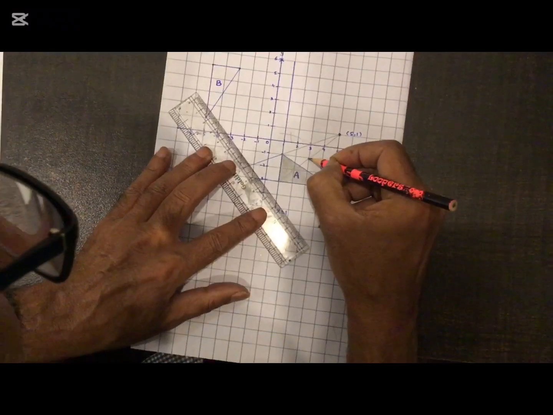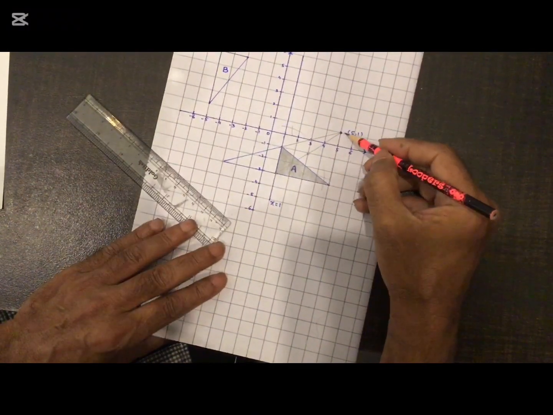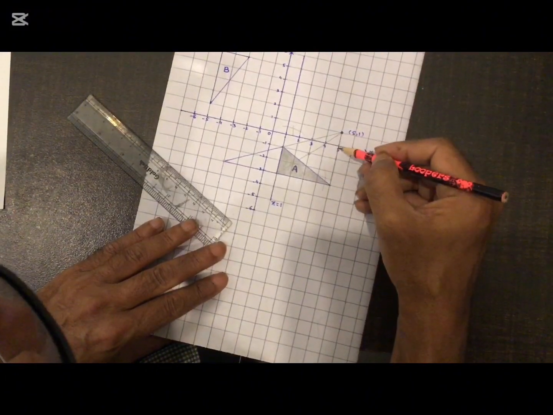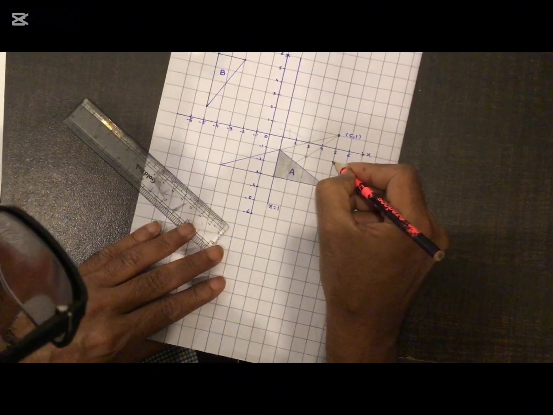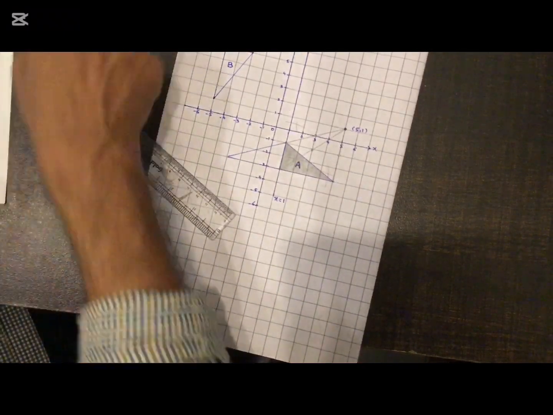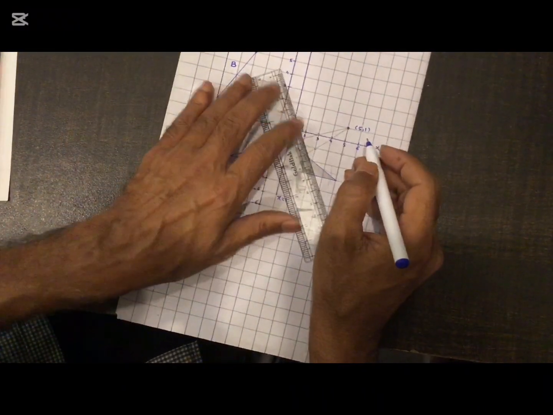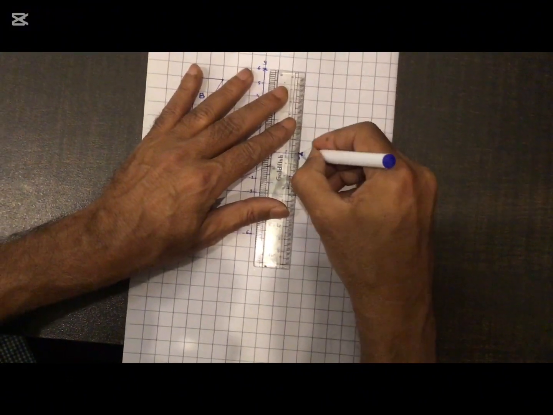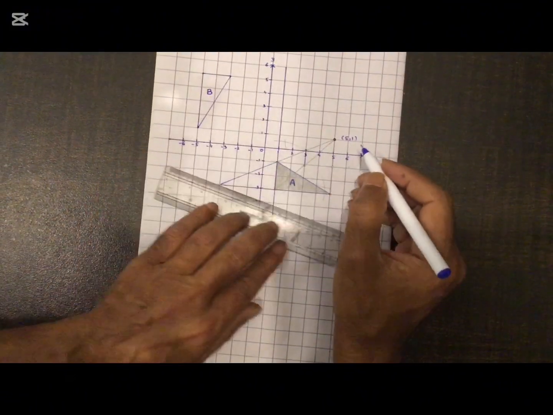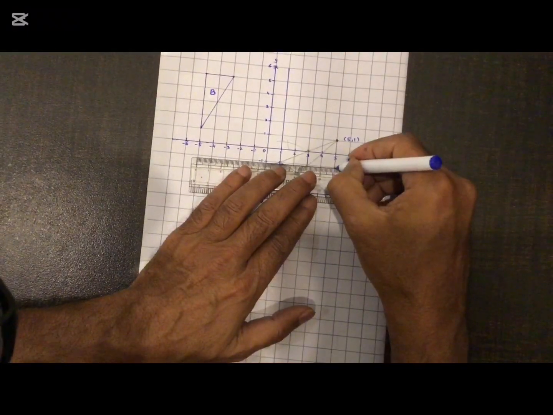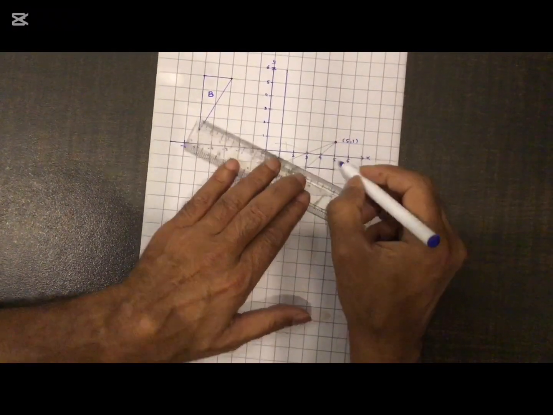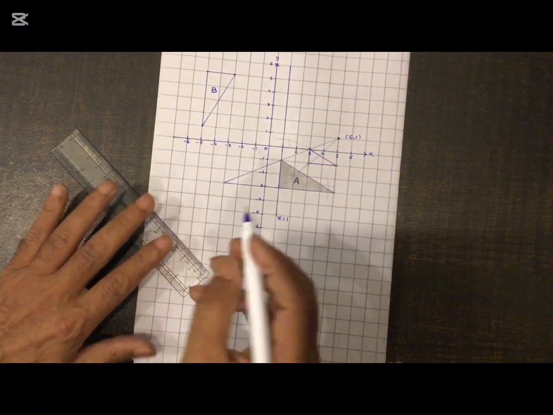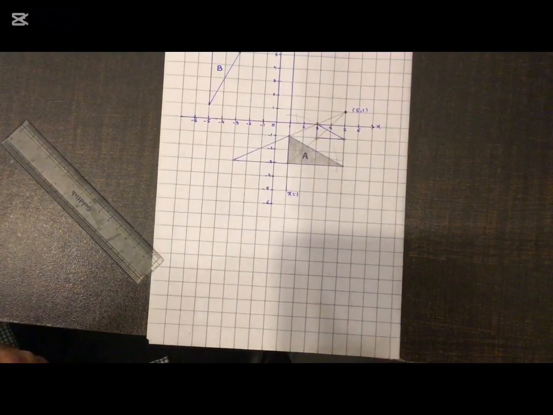So this is your half point, and it's easy to measure the half of this line: 1, 2, 3, 4 units. So 1, 2. This is half of this line. Now you can join these points, and it will give you the enlargement of triangle A on a scale factor of 1/2. That's how you do this part.